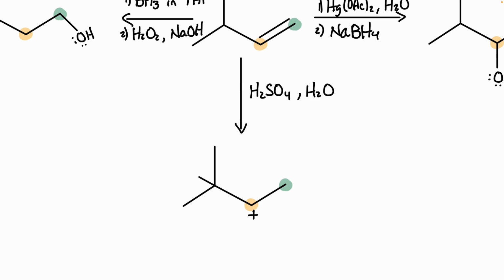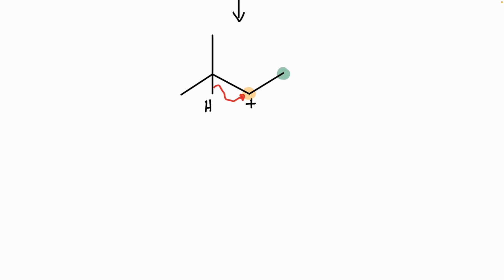So we're going to have a hydride shift occur, the hydrogen from that more substituted carbon jumps ship. And so our more stable intermediate that's going to form is that tertiary carbocation, which will lead to our tertiary alcohol.